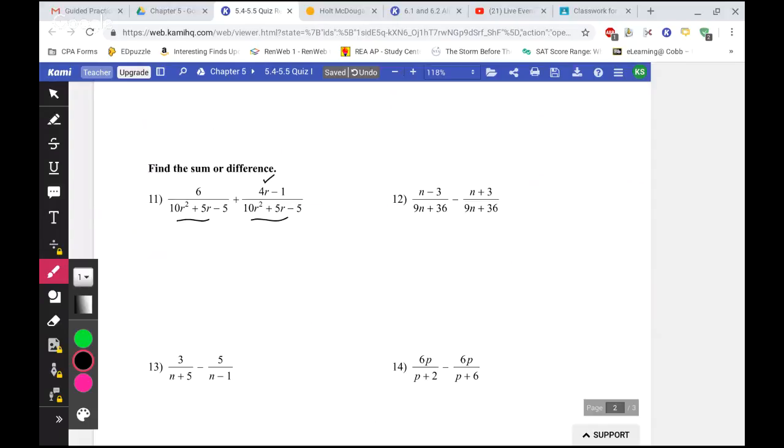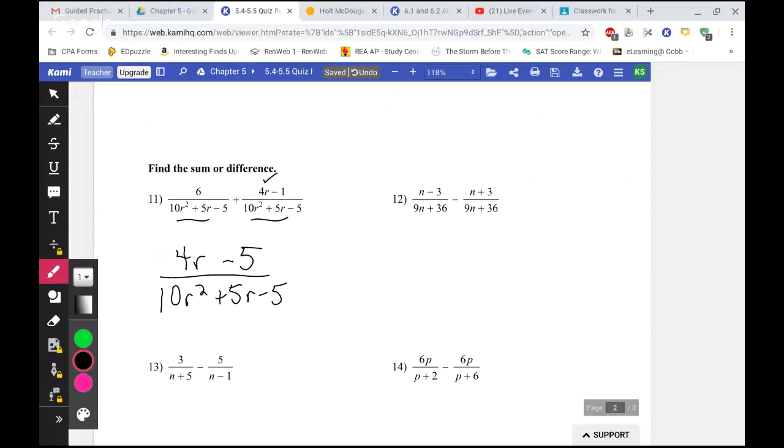There's only one 4R, so that's going to give us 4R. And then we've got 6 minus 1, which is going to give us a 5, all over 10R squared plus 5R minus 5. And that's your final answer.